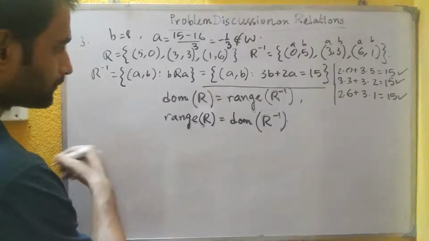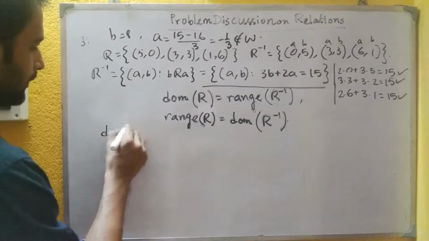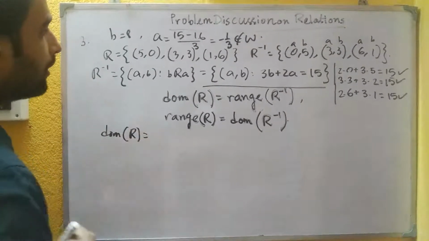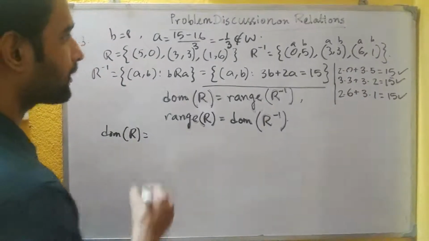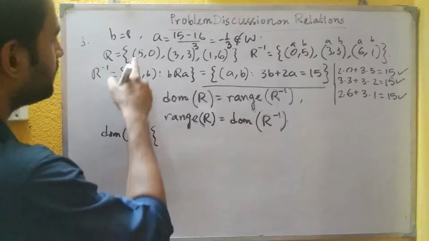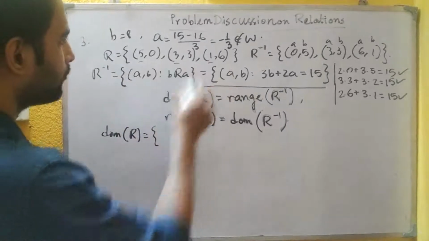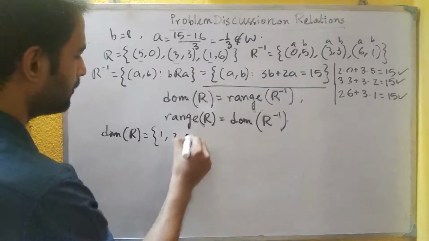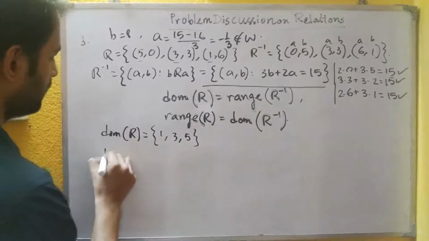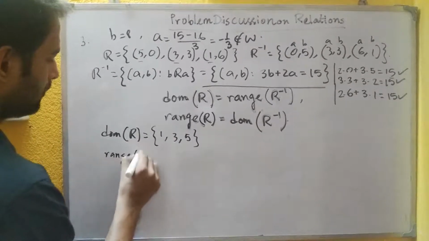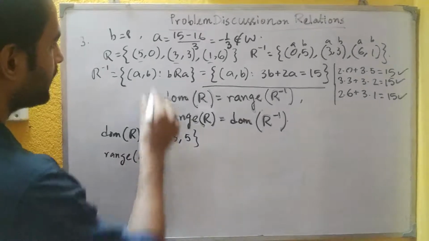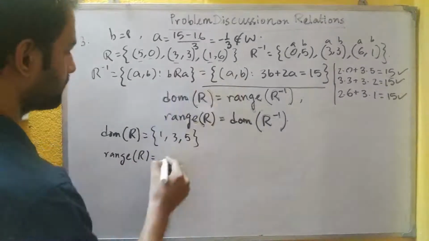First of all we find domain R. Let's say domain R, we can write the elements 5, 3 and 1. Range R will consist of 0, 3, 6.